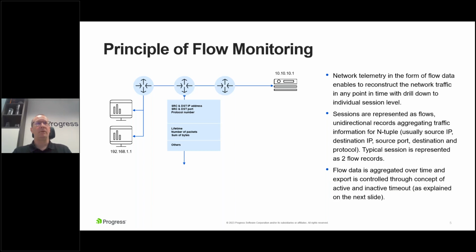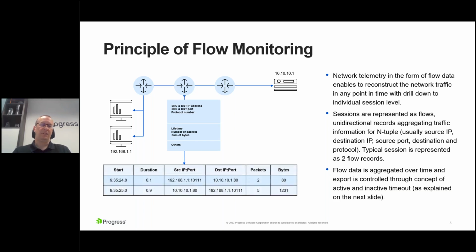It means that the router will look inside the packets and will extract information such as IP addresses, ports, and protocol to determine individual flow records and build those records in something that is called a flow cache. So it's a specific memory inside of the router where individual packets are being aggregated into flow records as these packets are traversing through the router.